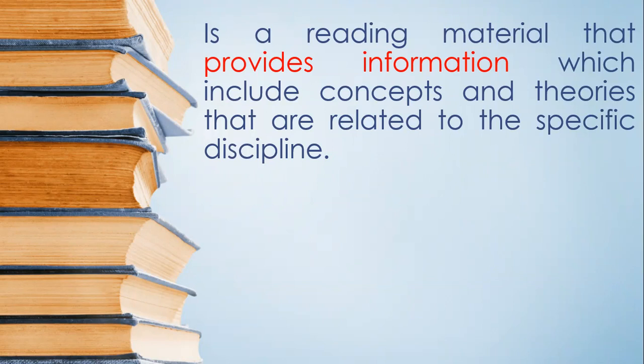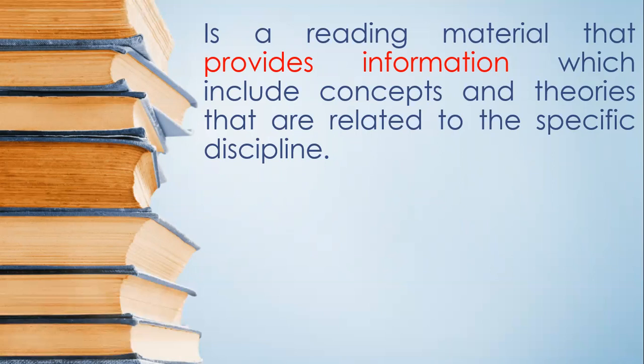So academic texts are not conceptualized, not conceived, and not formed to entertain people. Why? Because that is not its objective. So, in other words, the main objective of academic text is to provide information to everyone.